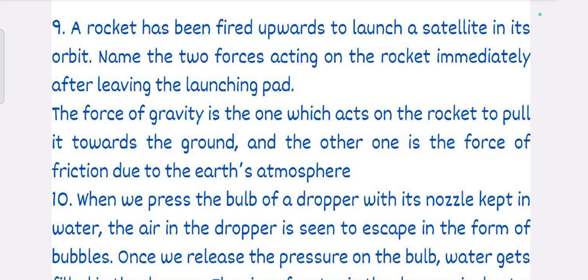Name the two forces acting on the rocket immediately after leaving the launching pad.